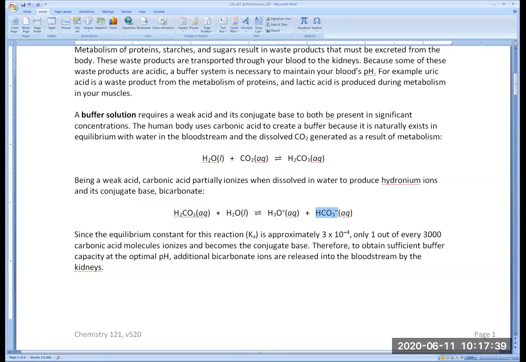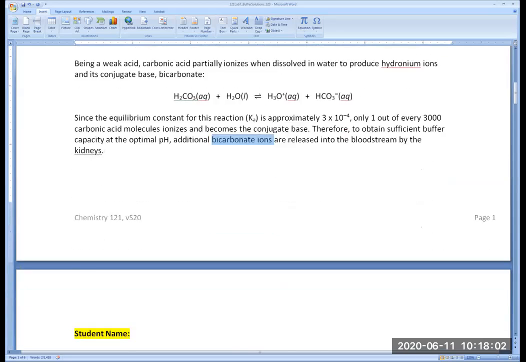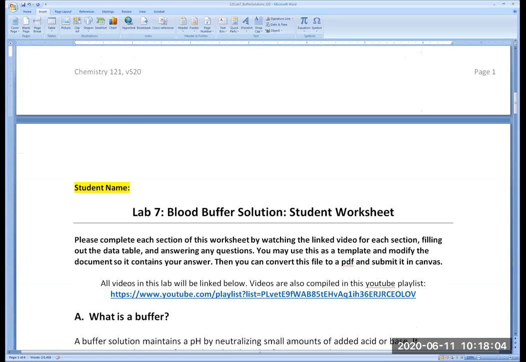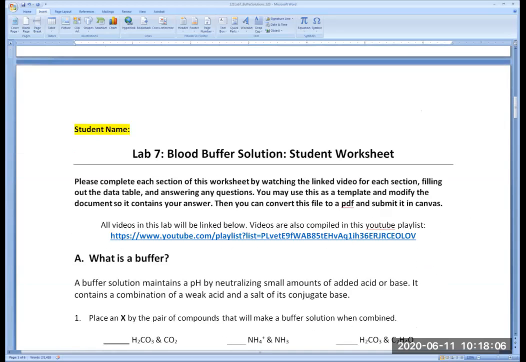So the bicarbonate ions are released into the bloodstream by the kidneys. So the kidneys also are involved in this and release the bicarbonate ions so that there is enough in the blood to make the H2CO3 and HCO3 negative 1 a buffer for the blood. So that's the background information here.